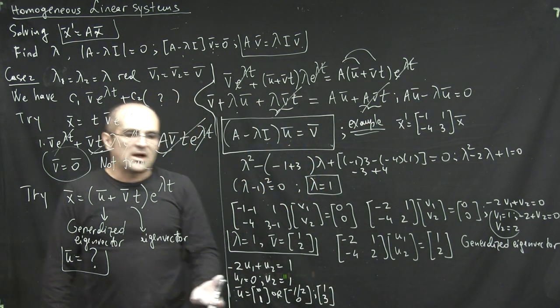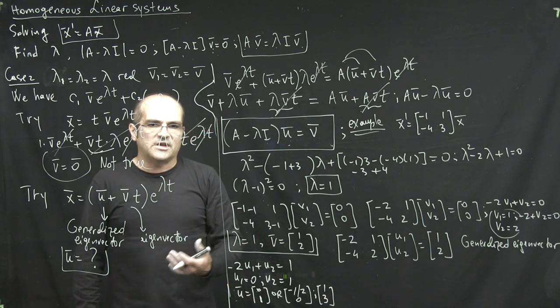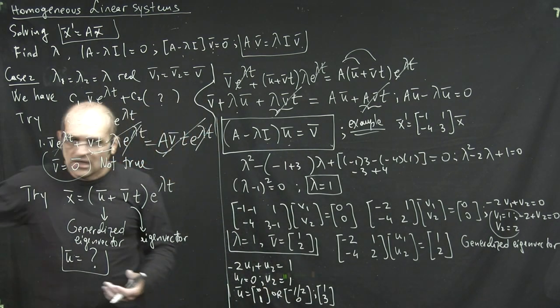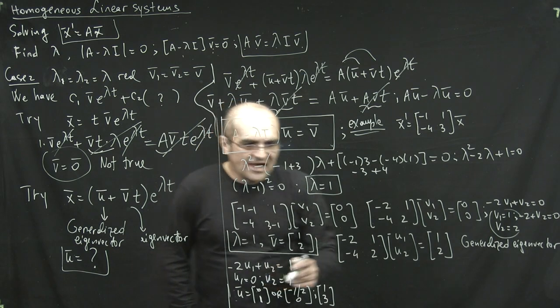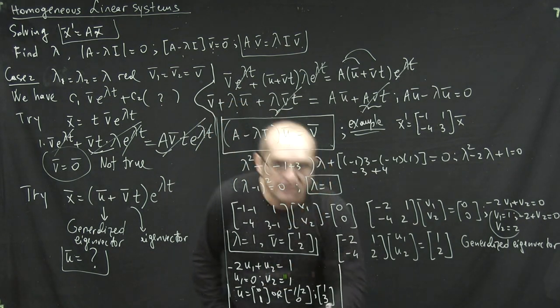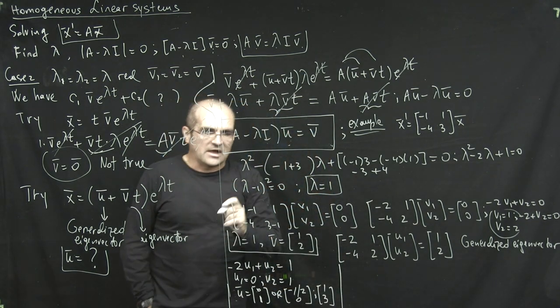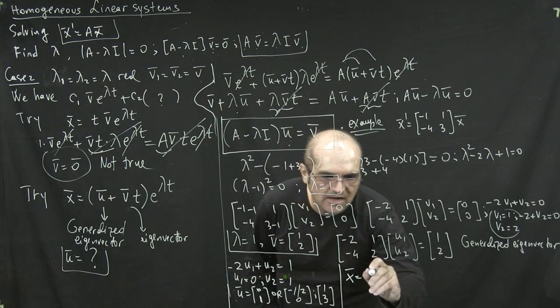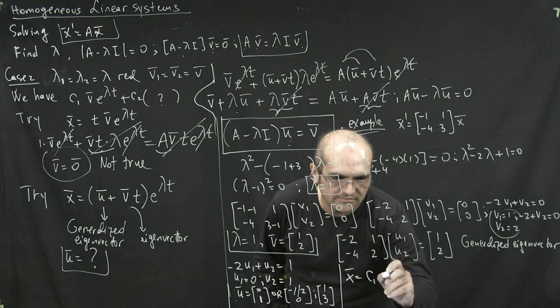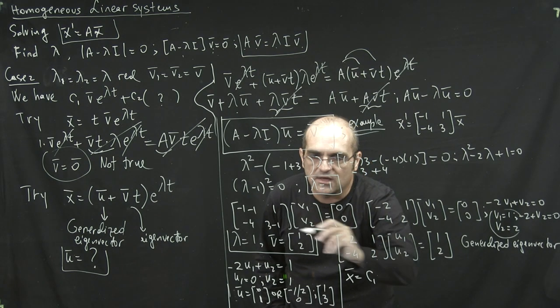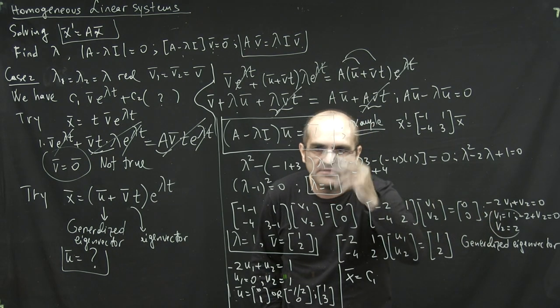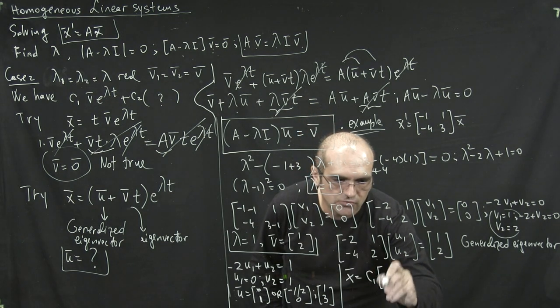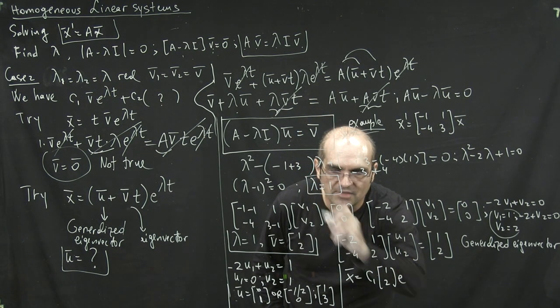I'm going to pick 0, 1. That's the easiest one, the one that will have an entry equal to 0. So with that being said, and we rewrite in the next part the full formula, now the general solution will be again a combination of the first part, lambda v e to the lambda t, so v is 1, 2 e to the lambda t, which is e to the t.